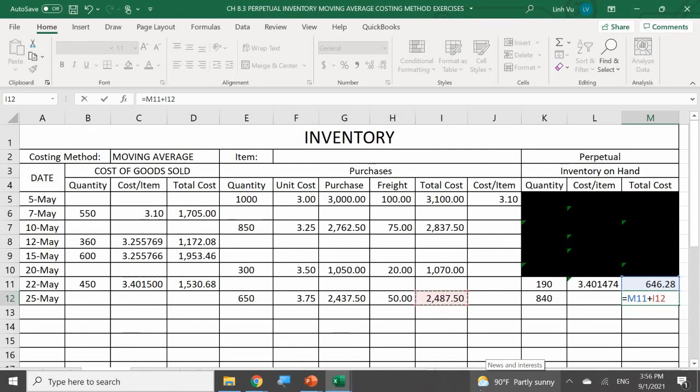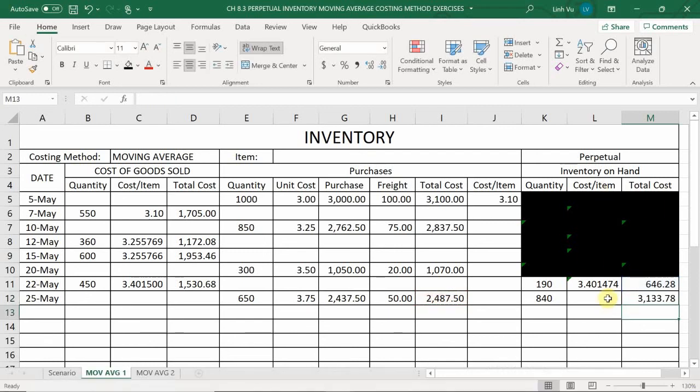What's my new total cost if I had 646.28 and I just purchased $2,487.50? $3,133.78.